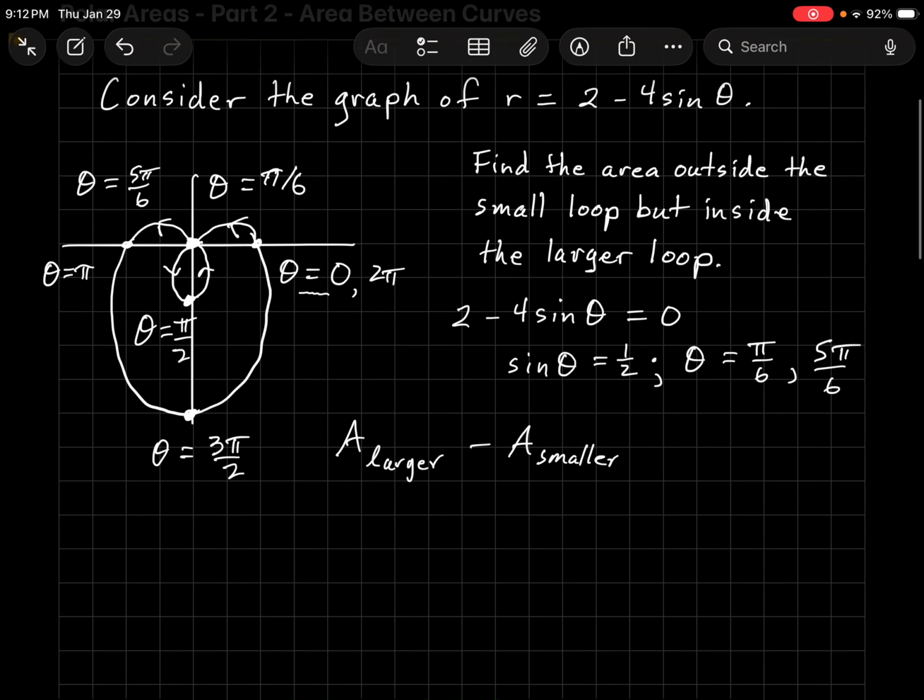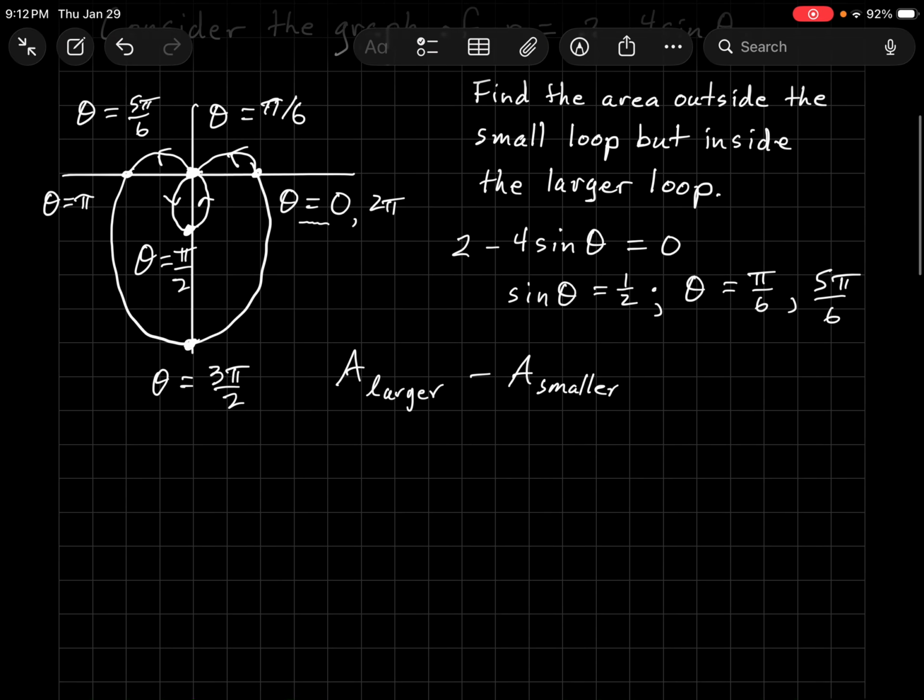That is the larger loop and the smaller loop. So we need some bounds. And I'm going to do the left half only and then double my answer. So let's see what we get. The area of the larger loop on the left, well, let's just do the total, is 2 times the left half, right?